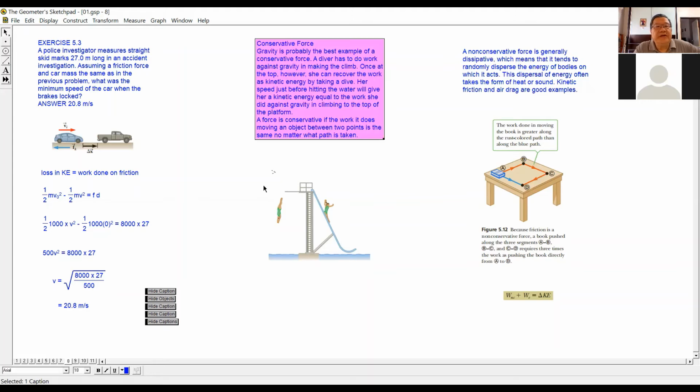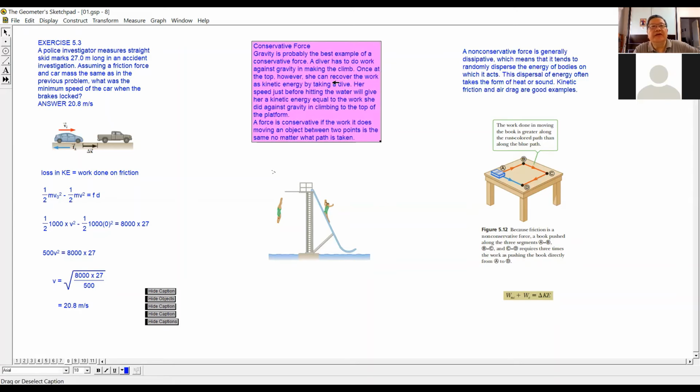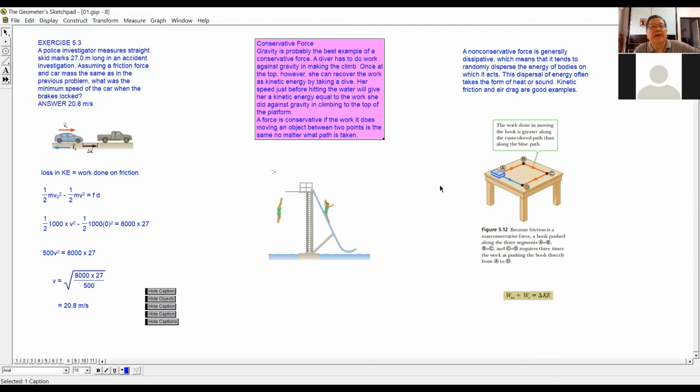So you read this conservative force. Gravity is probably the best example of a conservative force.